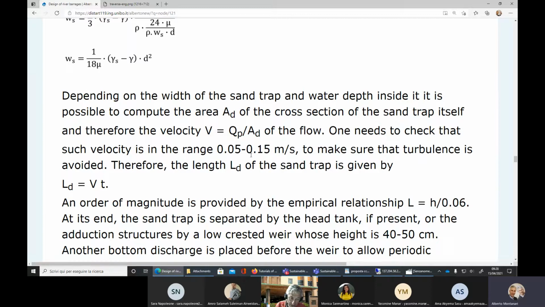So this time is derived by dividing the depth of the sand trap by the velocity of sedimentation.